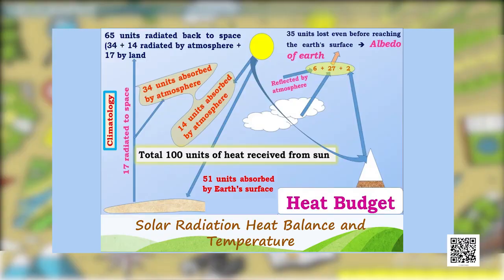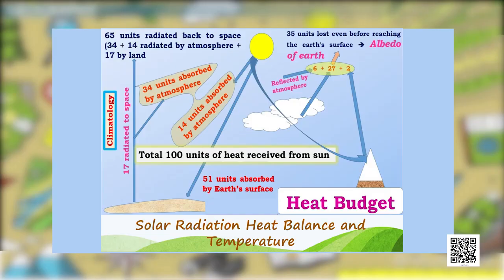The heat budget of the Earth. Everyone makes a budget for their house, which is the statement of income and expenditure. Now, there is one statement for the Earth. Earth also has an income and expenditure in terms of radiation. The Earth as a whole does not accumulate or lose heat. It maintains its temperature.